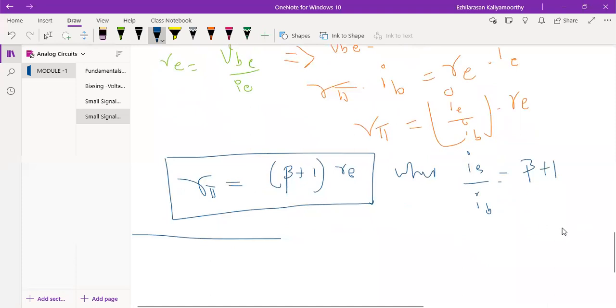So now let us see. Earlier I didn't show you something, one simple graph related to the linear region.